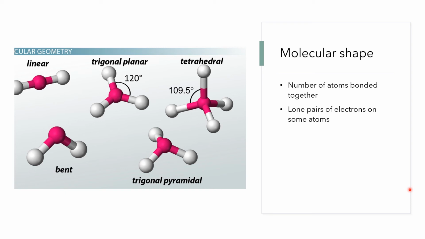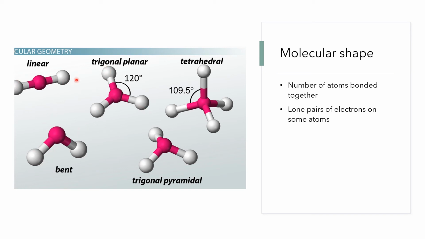Now the molecules are not always going to look like a straight line. Sometimes you're going to have bent angles in our bonds between the molecules, or sorry, between the atoms. So they're not always going to be just one straight line across. Sometimes you're going to see these different angles depending on how many things are bonded together. It really does depend on how many things are bonded together.